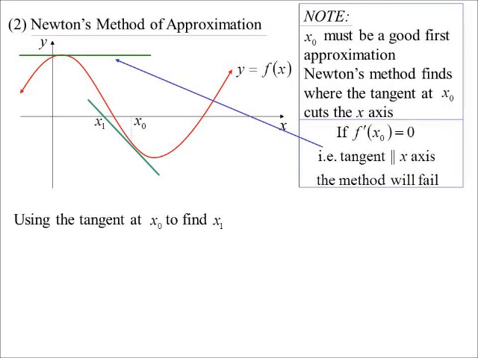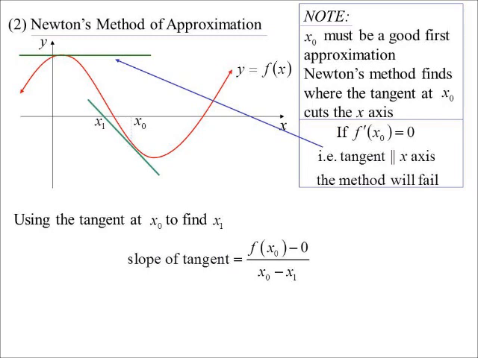Now, let's actually work out the equation of the tangent and find where it cuts. We know the slope of the tangent would be, I just need 2 points. Well, we've got 2 points, because we know x naught and its y value, f of x naught, and the other one is the x-intercept, so x1, 0, so y2 minus y1 over, and so on.